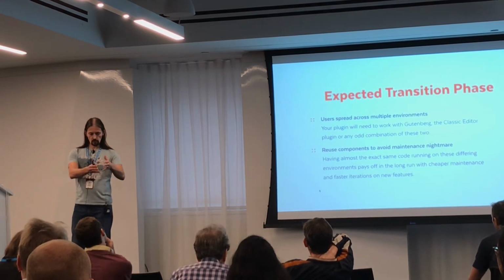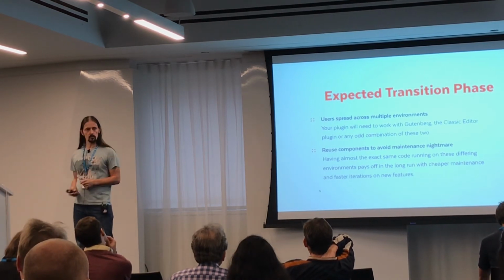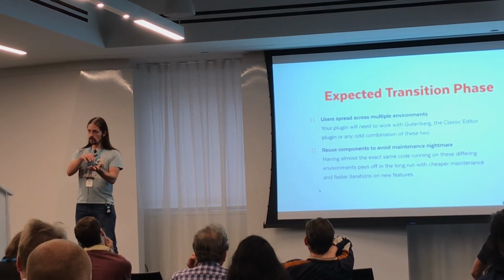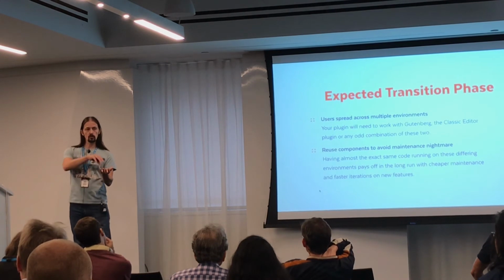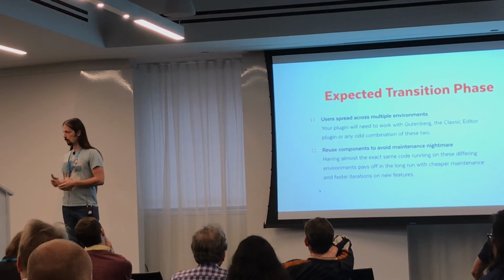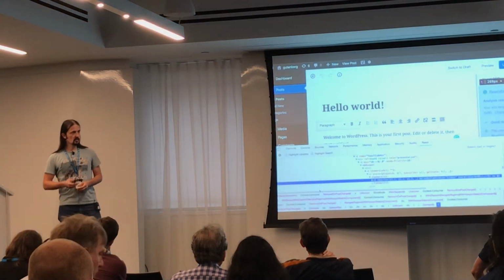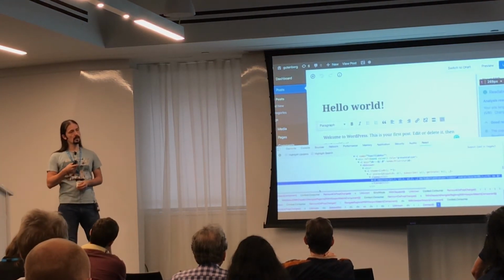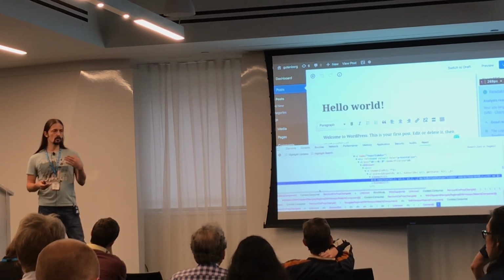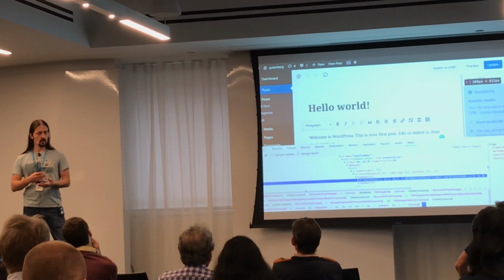So instead of building React components and still having all of the old code playing around and you still need to maintain both, you can build a small wrapper that allows you to reuse the React components on non-Gutenberg sites, and this way you only need to maintain your React components and not two separate code bases. This is actually being used right now by the Yoast SEO plugin. So they have experimented with that to see how far they can take this approach, and right now it's in production on a lot of sites.